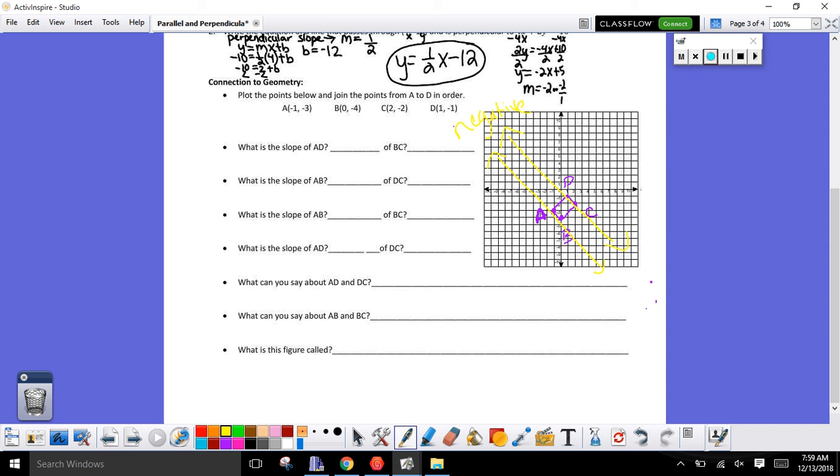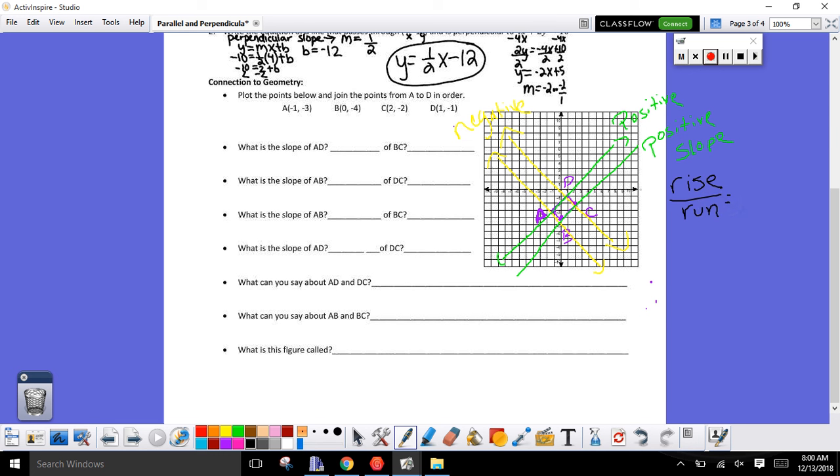Also remember that the ones that go to the right or up are going to be positive slope. Don't ever forget that. So when we have a graph, we get 2 points and we always do rise over run to find the slope.